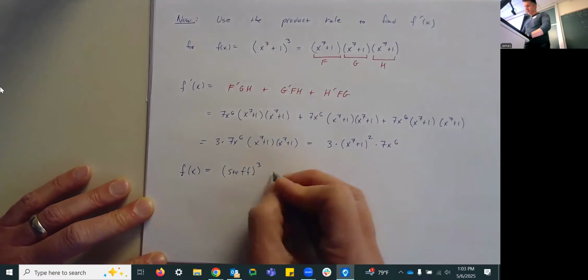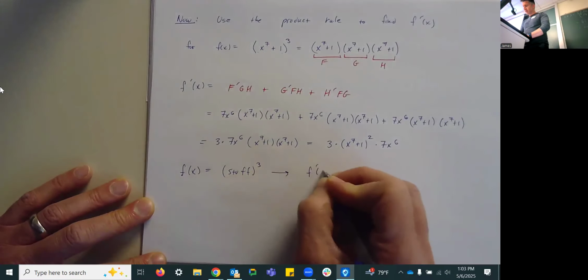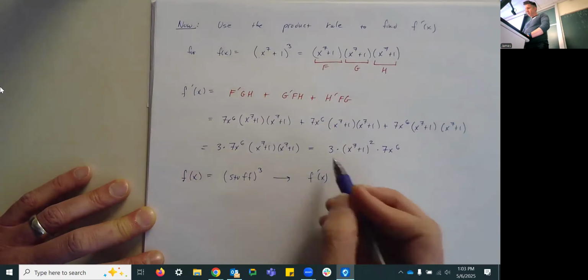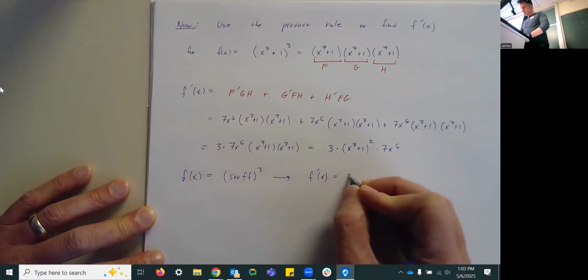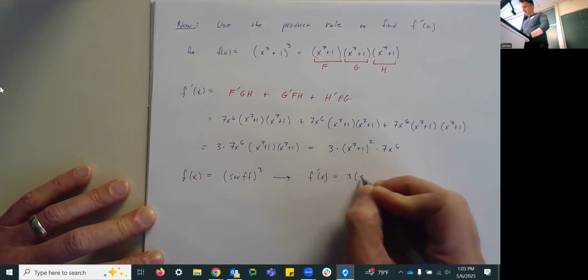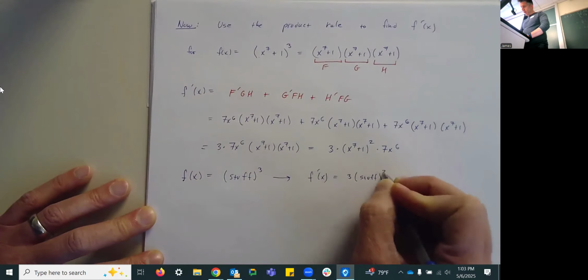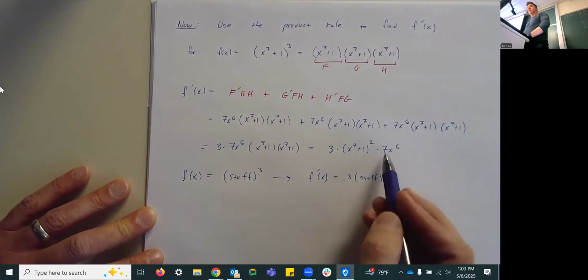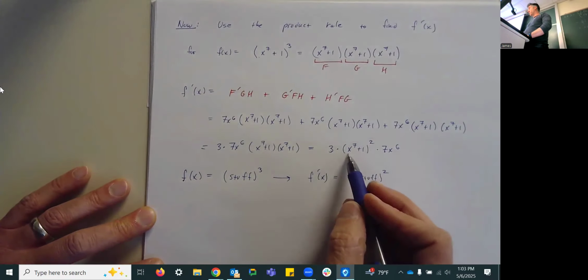And our derivative, our f prime of x, our stuff was x to the 7th plus 1, so our derivative is 3 times that same stuff squared, but then we multiply by the derivative of the inside stuff, right? 7x to the 6th is definitely the derivative of x to the 7 plus 1.